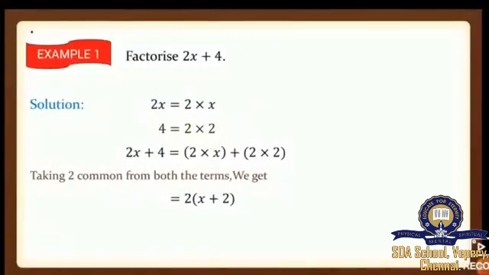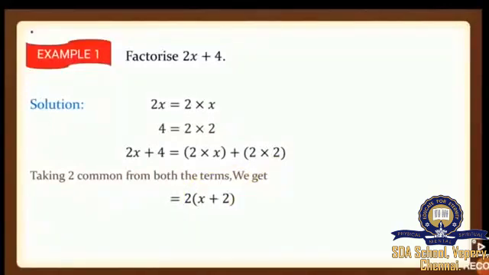So applying it in the expression 2x plus 4, we get 2 into x plus 2 into 2. If you notice here, you have 2 common in both the terms, right? So taking 2 common from both the terms, we will get 2 into x plus 2. Since if you take 2 commonly here, the leftover term will be x. And here if you take 2 commonly outside, the leftover term will be 2.